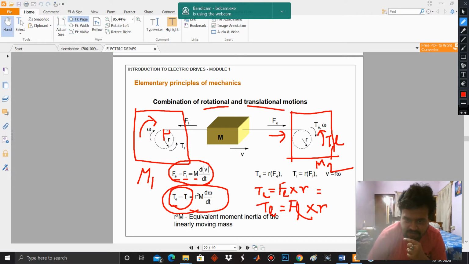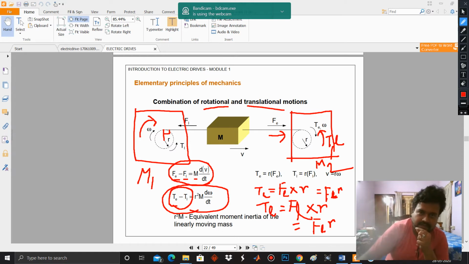It is 90 degrees. So Fe cross R or FL cross R is FLR sine 90. Sorry, this will be FeR and this will be FLR because sine 90 is 1. So this establishes a relation between linear motion and rotational motion. Often we can couple two motors so that the load moves in a linear way.